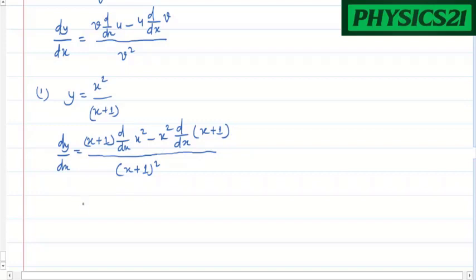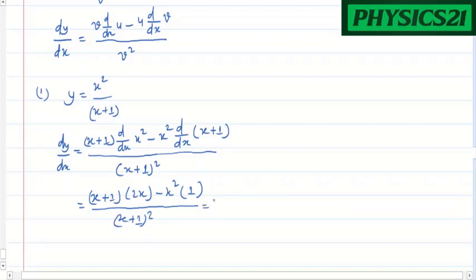Now further: x plus 1 times the derivative of x square, 2x, minus x square times the derivative of x plus 1, that is only 1, whole divided by (x plus 1) whole square.